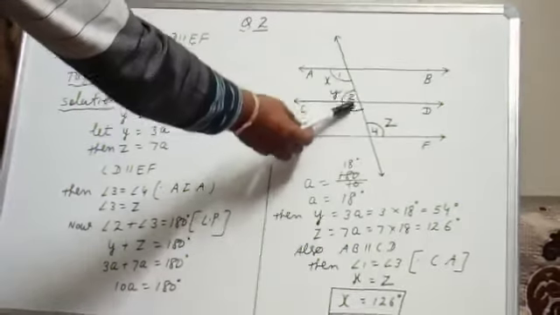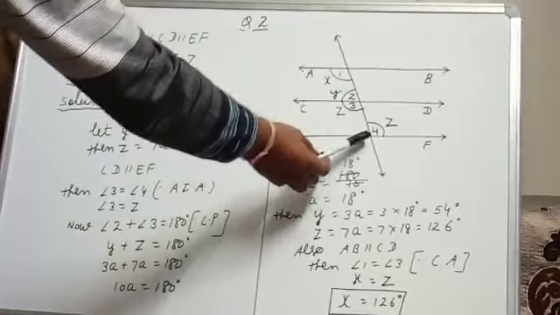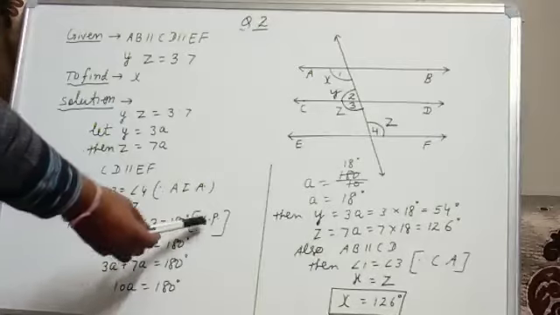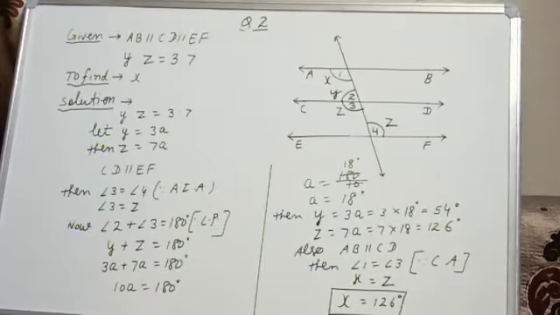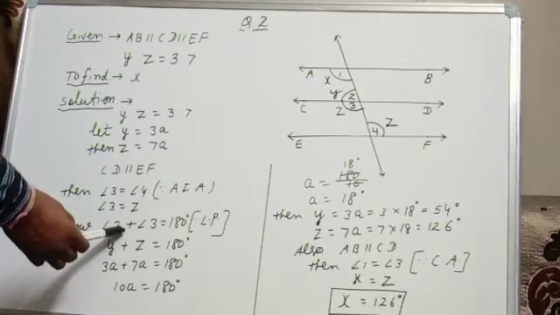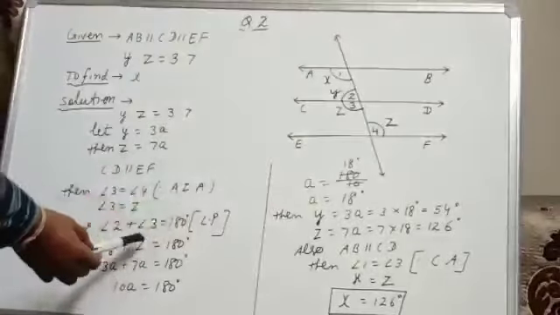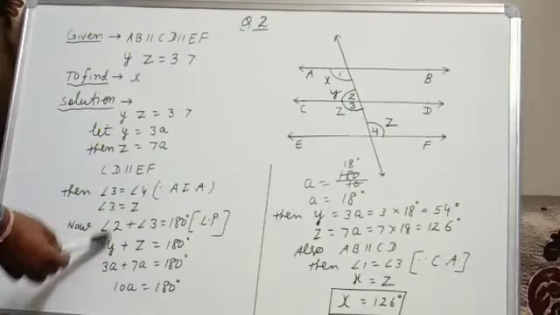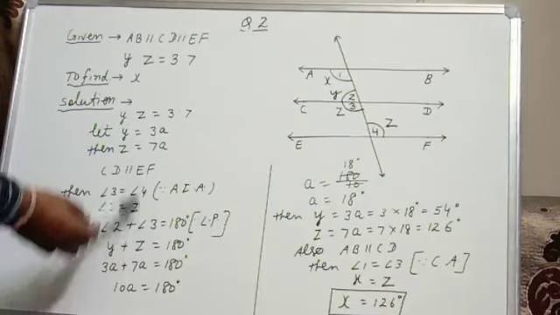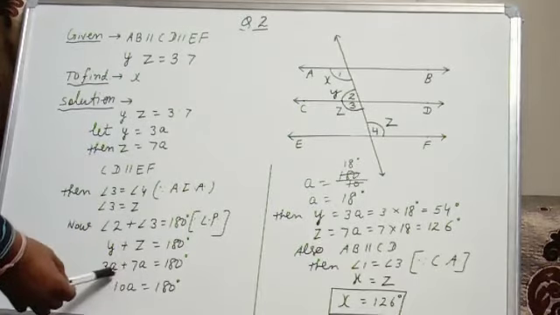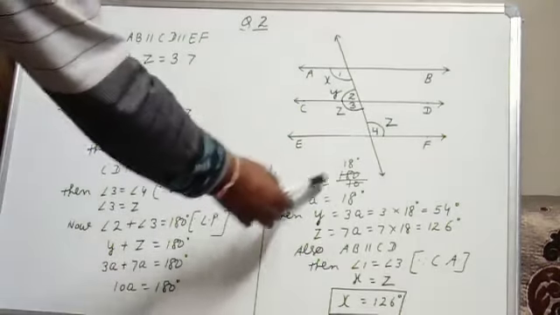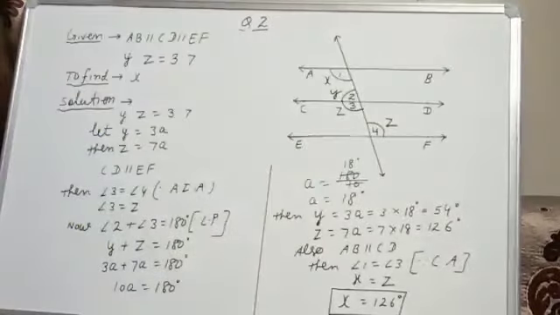If you see, these two angles are on a straight line, it means their sum is 180. Again we will write the result of linear pair. Angle 2 you can write y, angle 3 you can write z. The sum is 180. In place of y we can write 3a, in place of z we can write 7a. 3a plus 7a is 10a. So a is 180 upon 10, you will get 18.